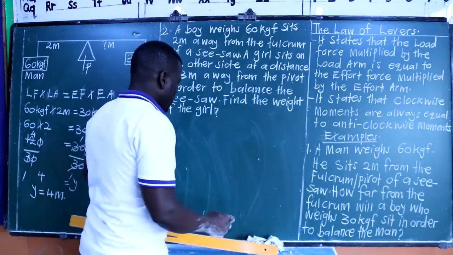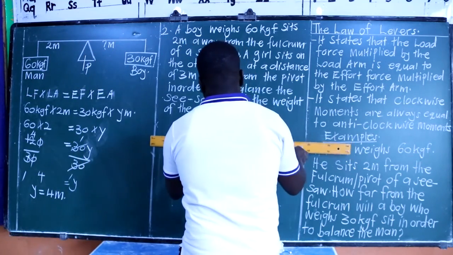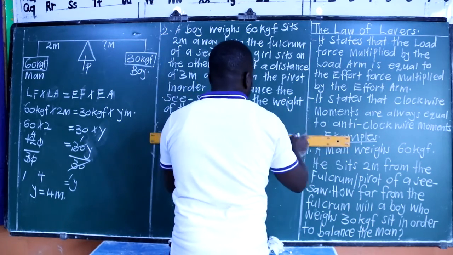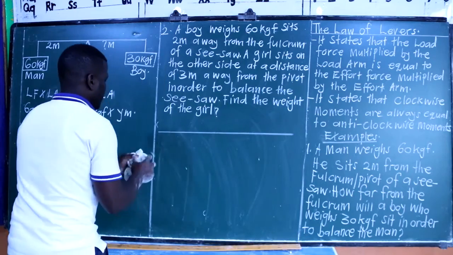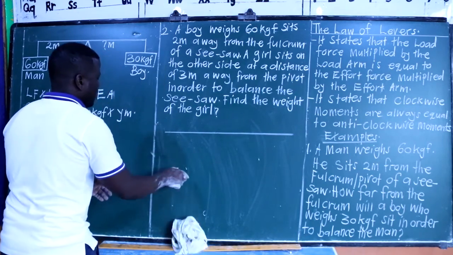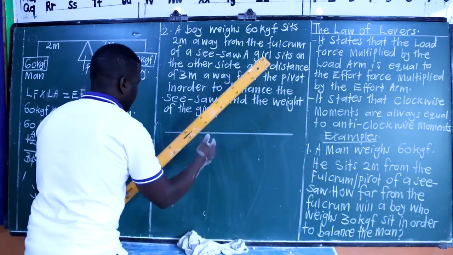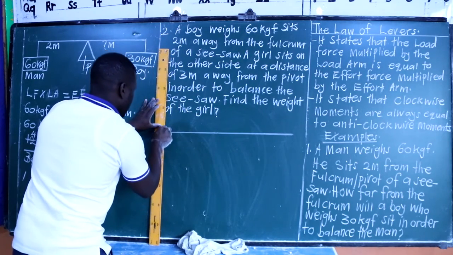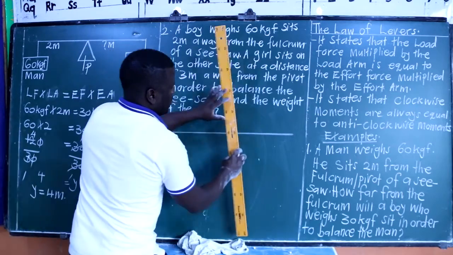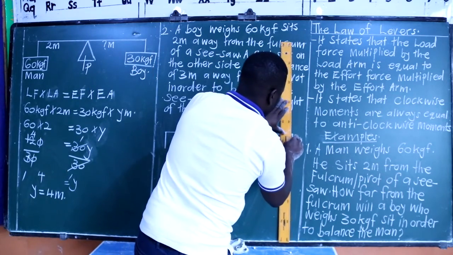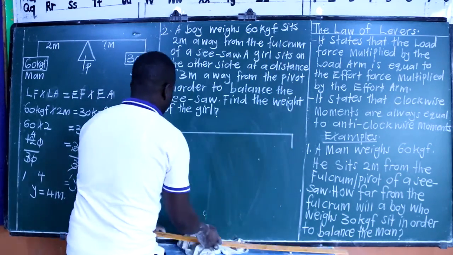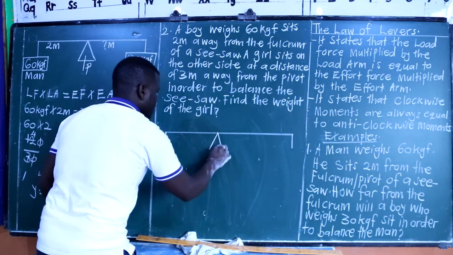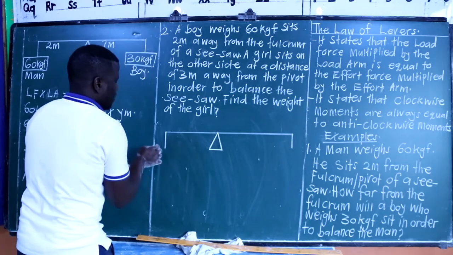What do we do first? We first draw the seesaw. That's the first thing. And the seesaw will only be complete if it has the pivot.